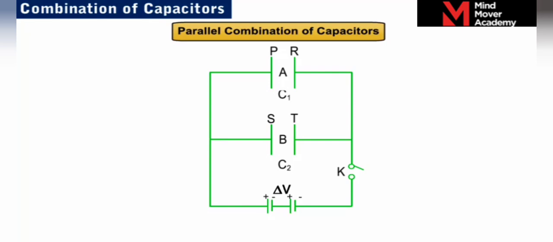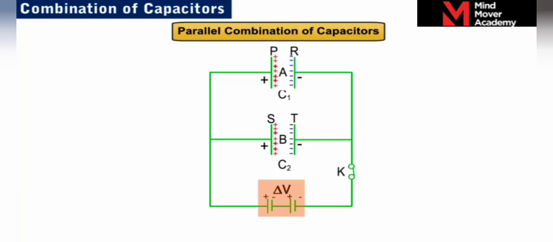When the key is closed, electrons transfer through the wire and reach the plates. This transfer leaves the plates P and S positively charged and the plates R and T negatively charged. The energy required for this transfer is taken from the battery.